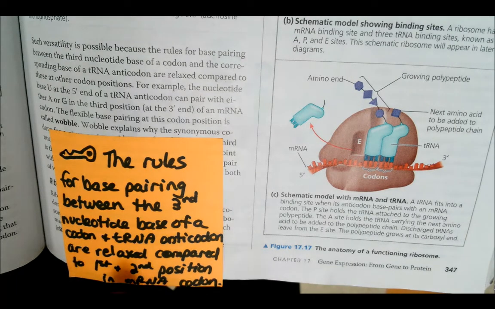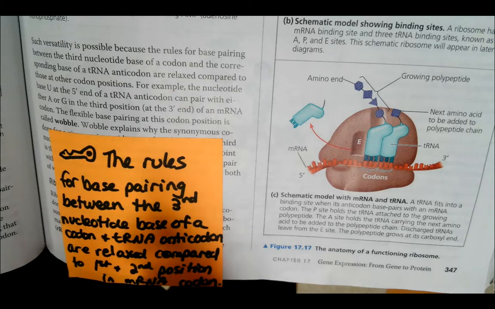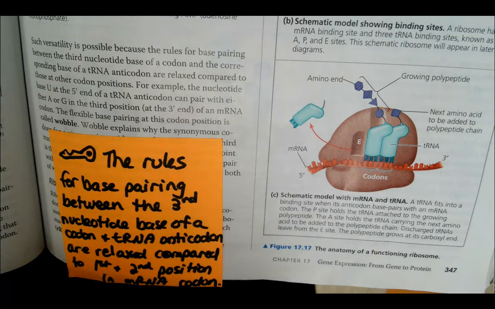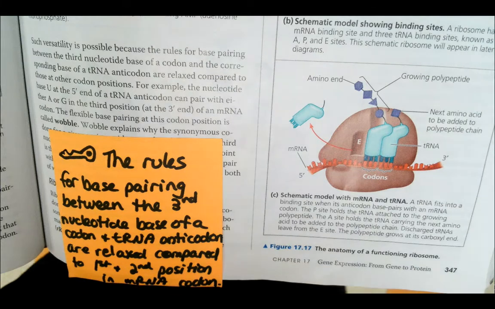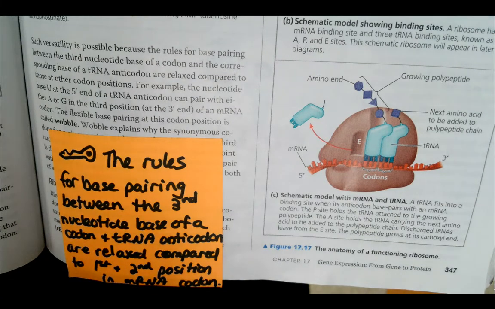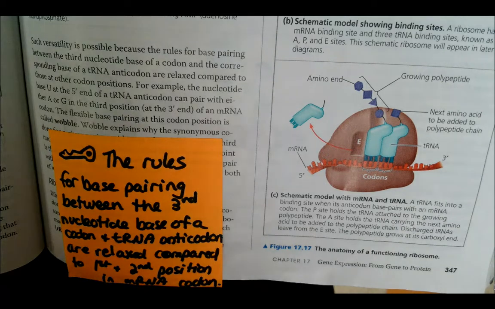The first two are very strict, as you can see in my sticky note here. The third one may vary, and they talk about the A and G kind of wobbling. And that's how you can have 64 different codon codes, but only 20 different amino acids. And you'll notice in the chart, it's that third letter that can vary that still brings the same amino acid.